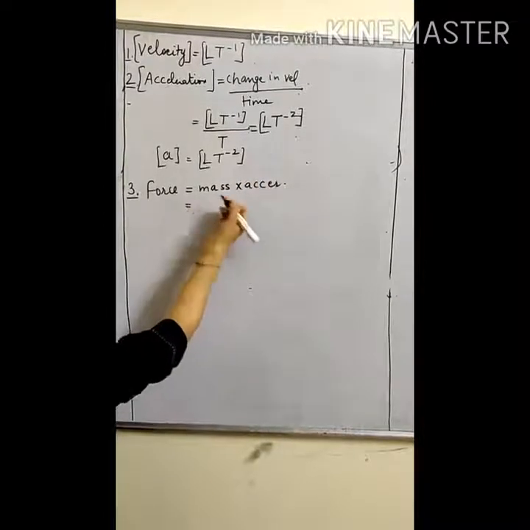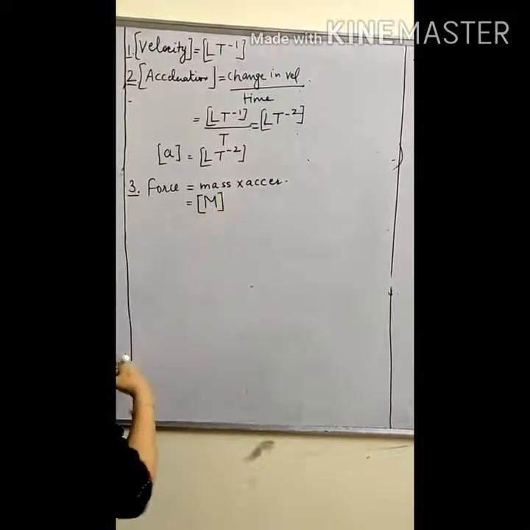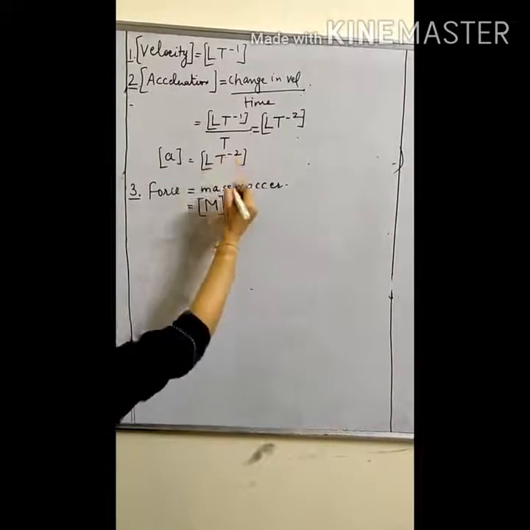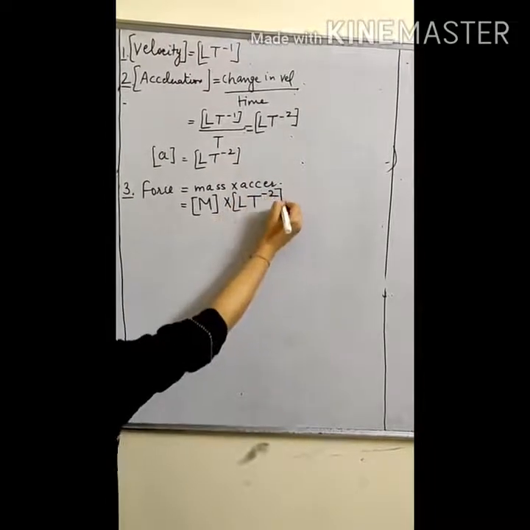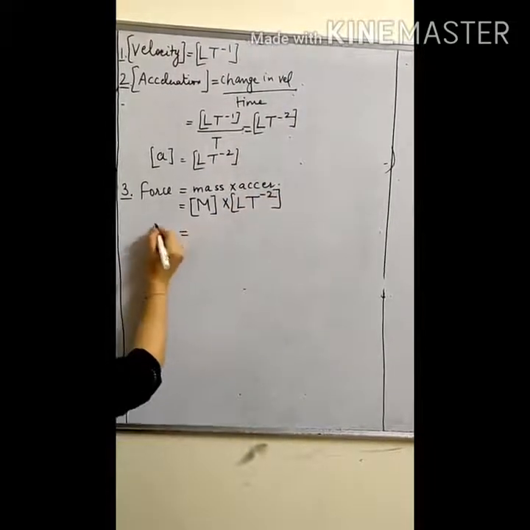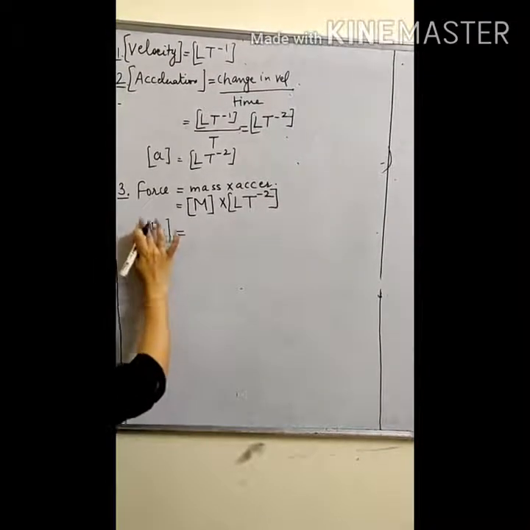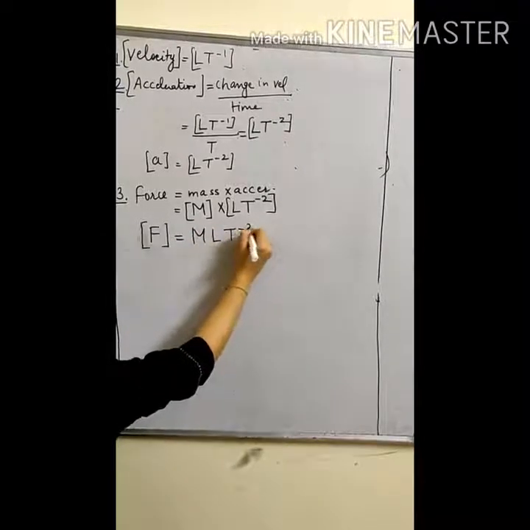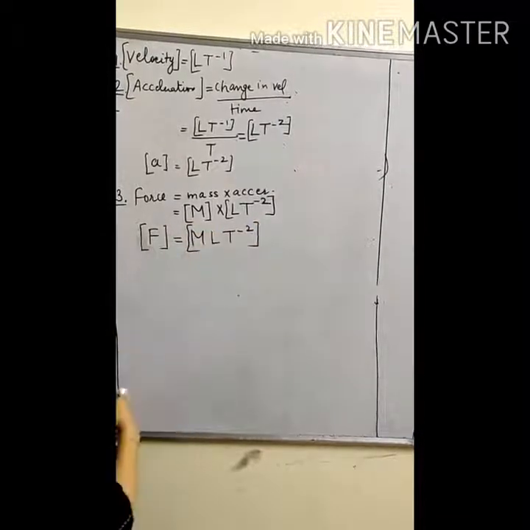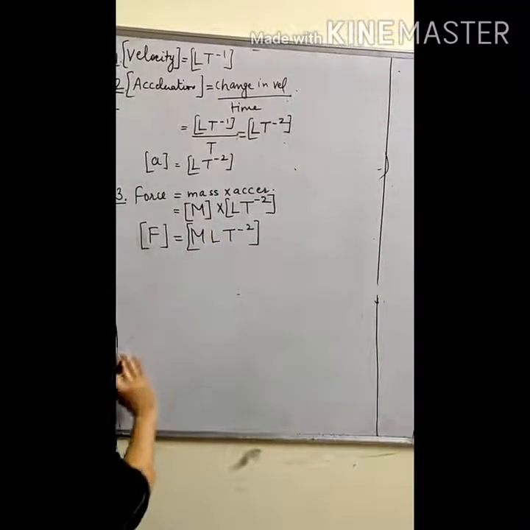Now mass should be written as capital M. Mass has the dimension M. Acceleration we have discussed before, LT^-2. Then the dimensional formula for force will be MLT^-2. Power 1, or you may not write the power, both are correct.